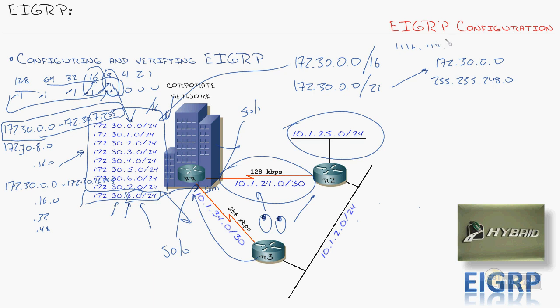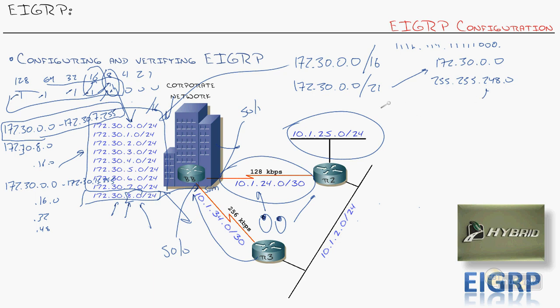Okay, 17, 18, 19, 20, 21, 0, 0, 22, 23, and then dot 24. Wait, is that right? Yep, I'm talking too fast. It's not right. I forgot a 0. There we go. So that's what a /21 translates to in decimal. So that would be 255. Yeah, that's right. See, when you're trying to go fast, you can make mistakes. So that's my summary address.